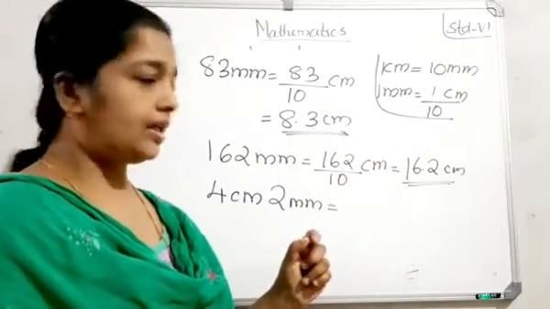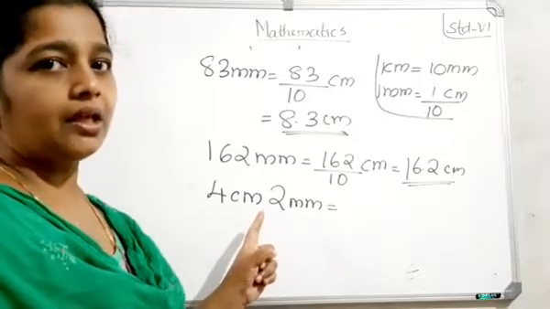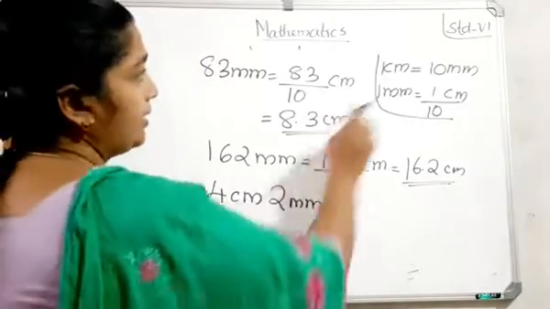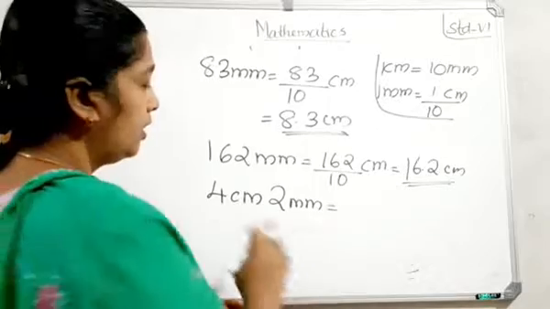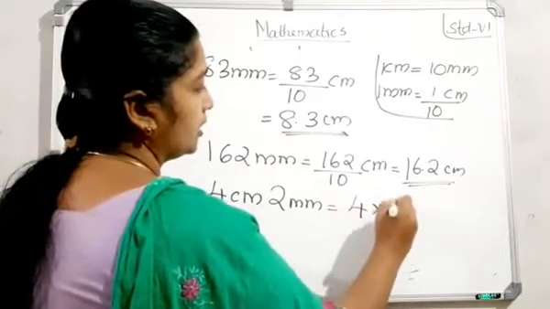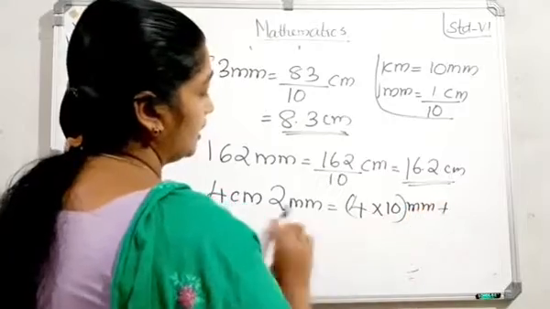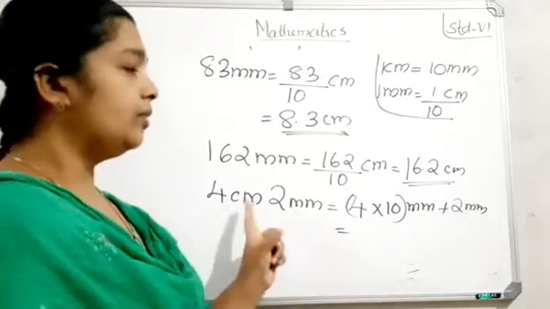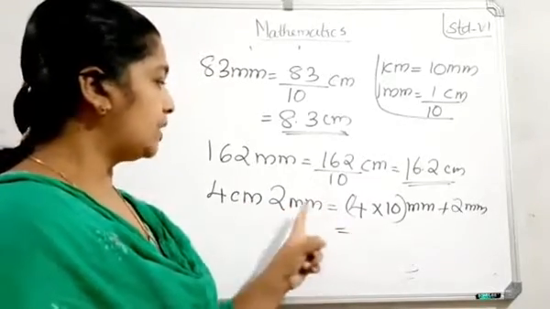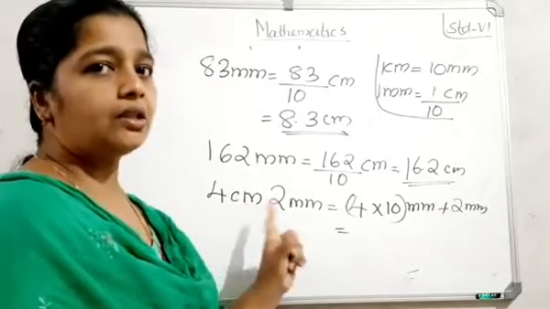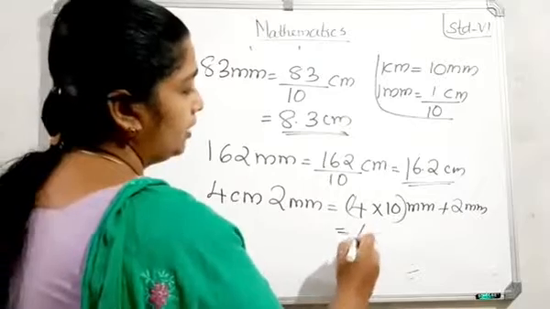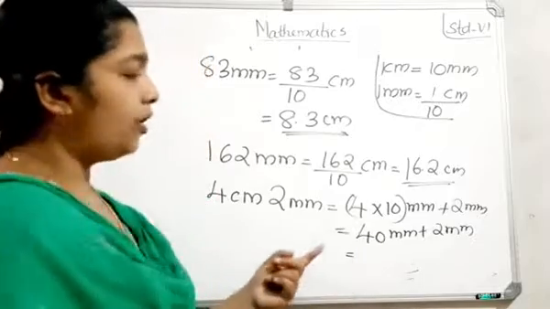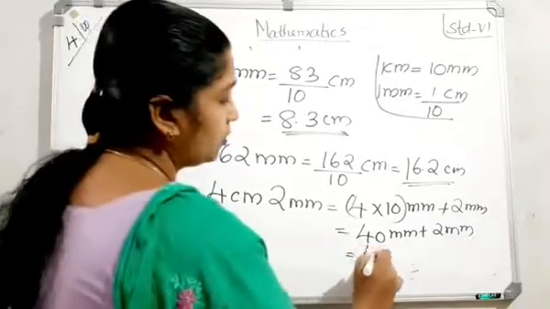First, we convert 4 centimeter into millimeter. 1 centimeter equals 10 millimeter, therefore 4 centimeter equals 4 into 10 millimeter, plus 2 millimeter. 4 into 10 is 40 millimeter, plus 2 millimeter equals 42 millimeter.